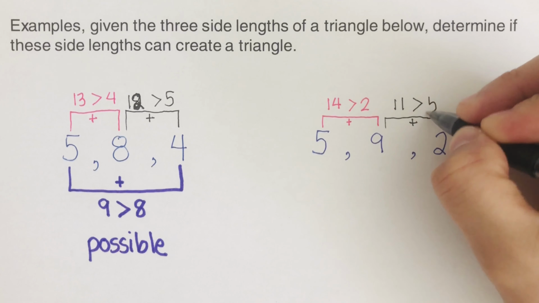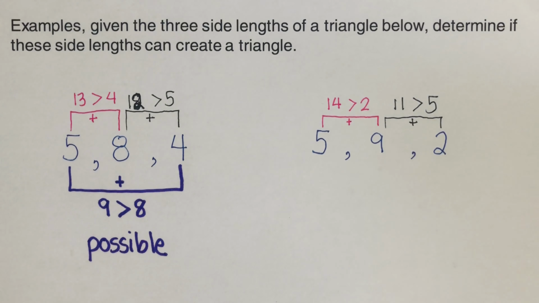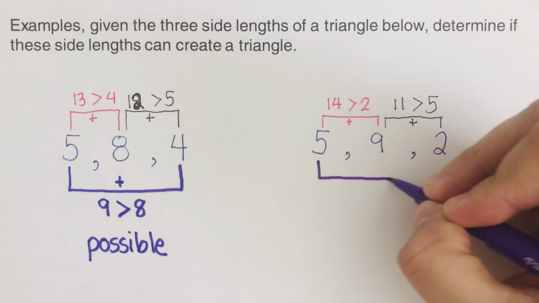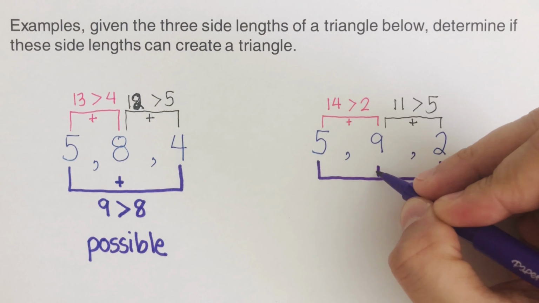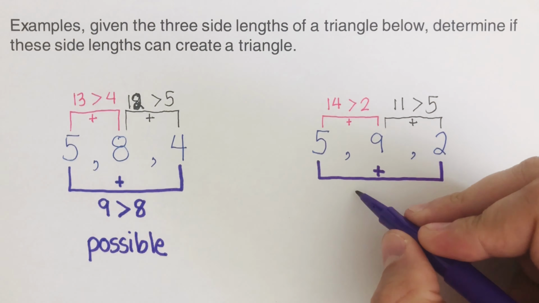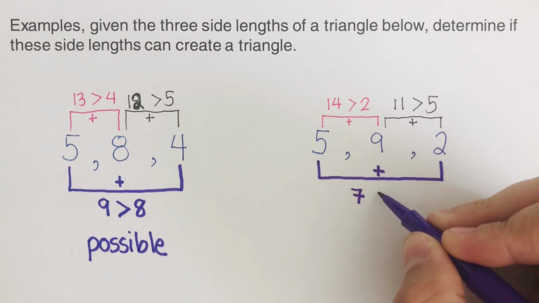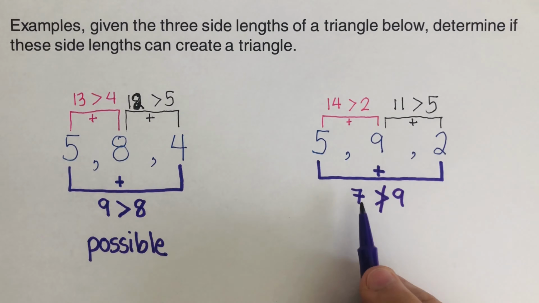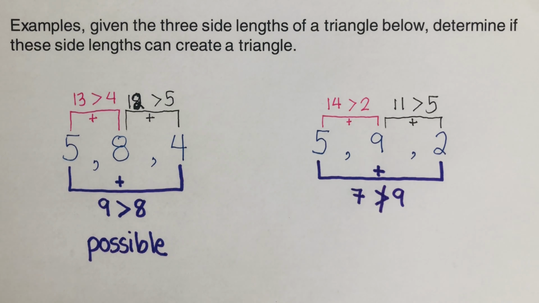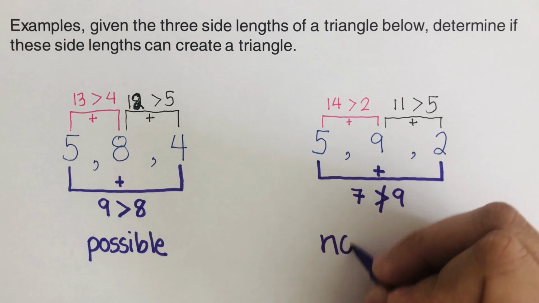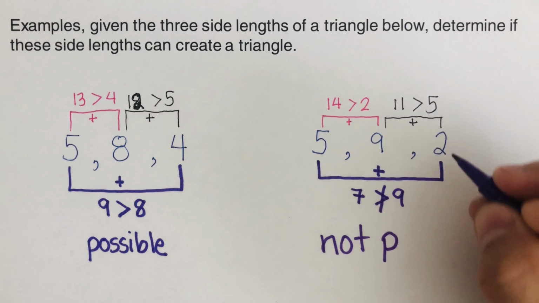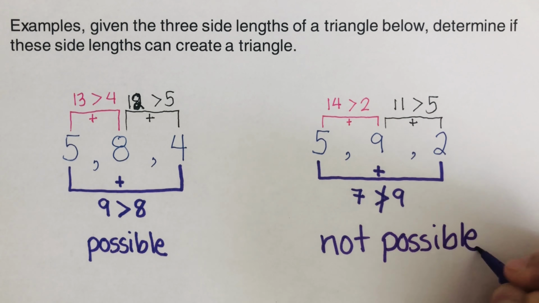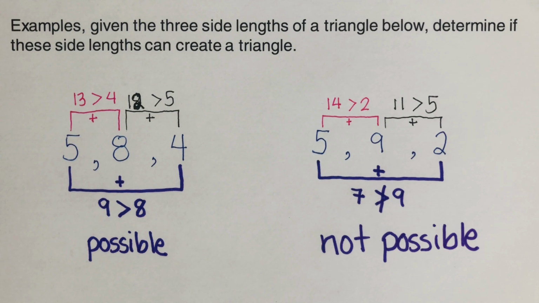Yes, it is. Now let's add the first and the third. 5 plus 2 is 7. Is 7 greater than 9? No, it is not. 7 is less than 9. So this one is not possible. 2 is way too short to create a triangle.